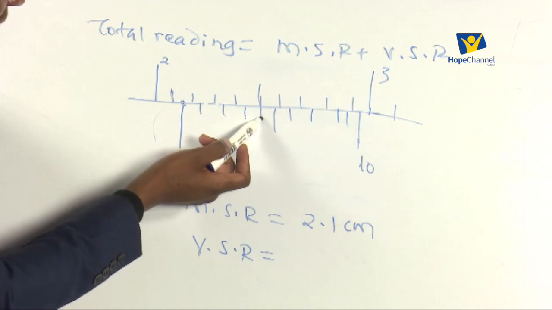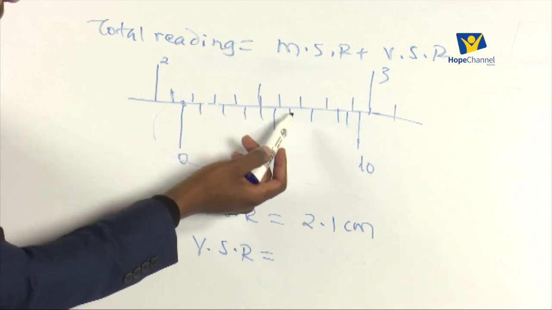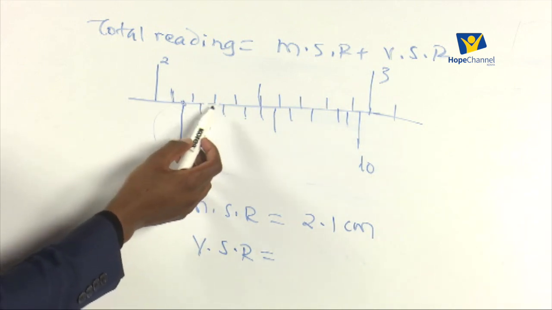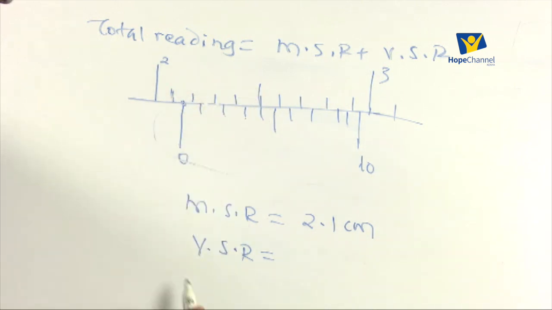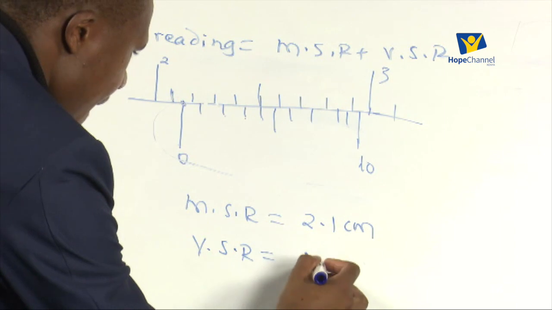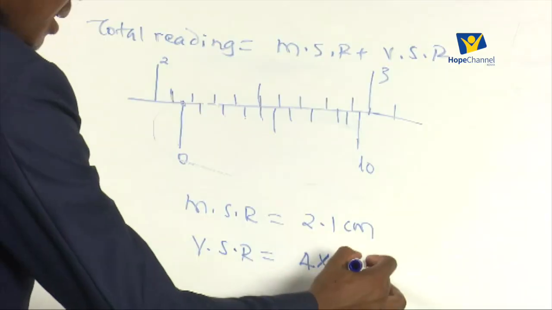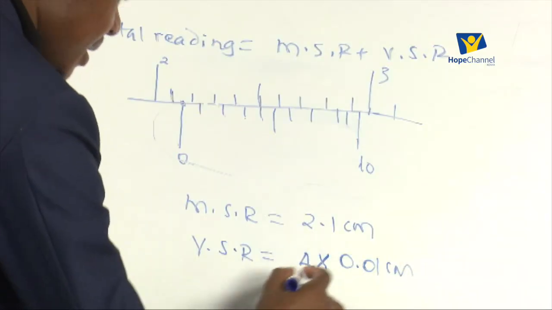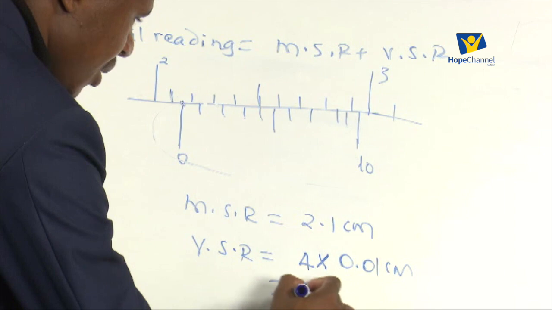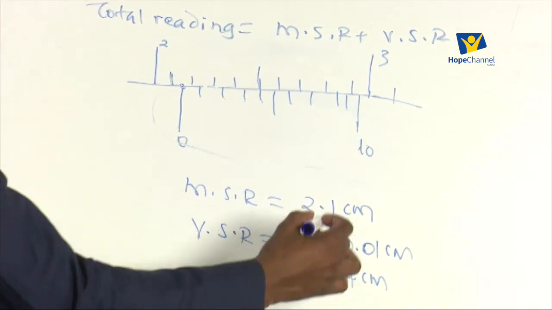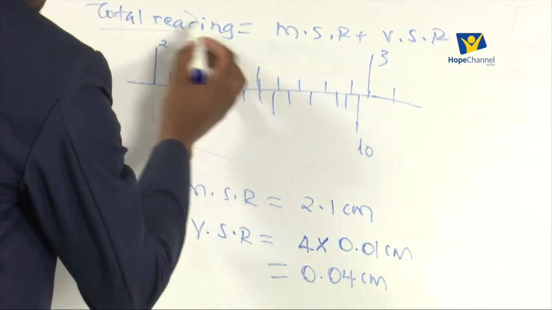This one coincides with that division. This one does not. This one does not. The rest of them do not. So we have 1, 2, 3, the fourth division. So we shall be having 4, but this 4 is again multiplied by the least count. So we have 4 times 0.01 centimeters. So the vernier scale reading is 0.04 centimeters.